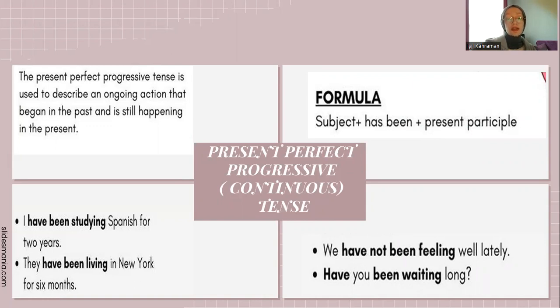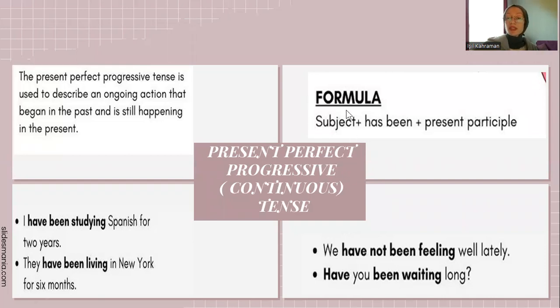We learn it like that, present perfect continuous tense. For us, maybe it's more understandable. I don't know, we are just learning it like that. So I'm saying continuous tense, not progressive tense.